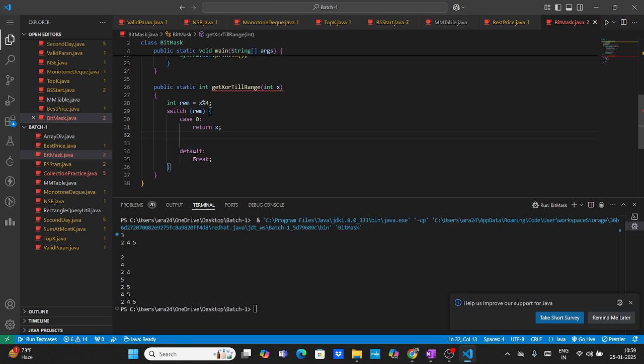Case is 1, how much? Return 1. Case 2, x plus 1.